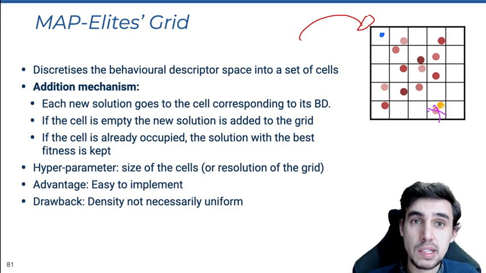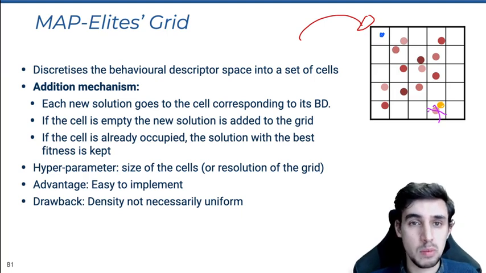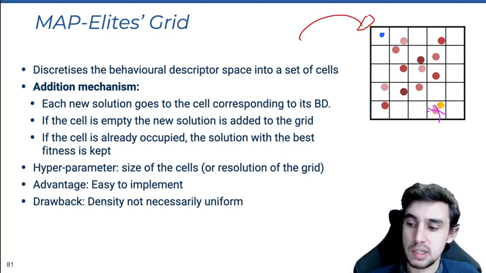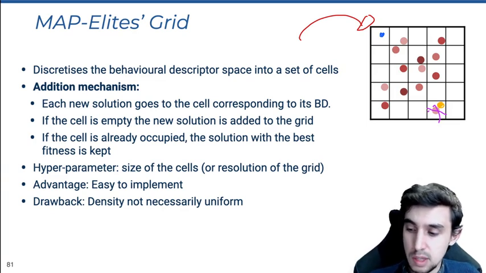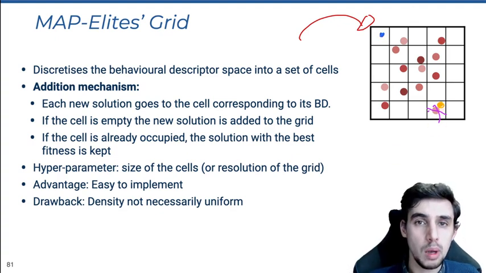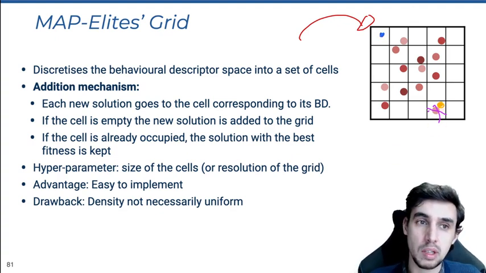So it's a very simple archive management. We simply take the BRF descriptor definition of novelty search. We discretize the space defined by the BRF descriptor to turn it into a grid, and then if the cell is empty, we just add the new solution. If the cell is already occupied, we just keep the best out of the 2.